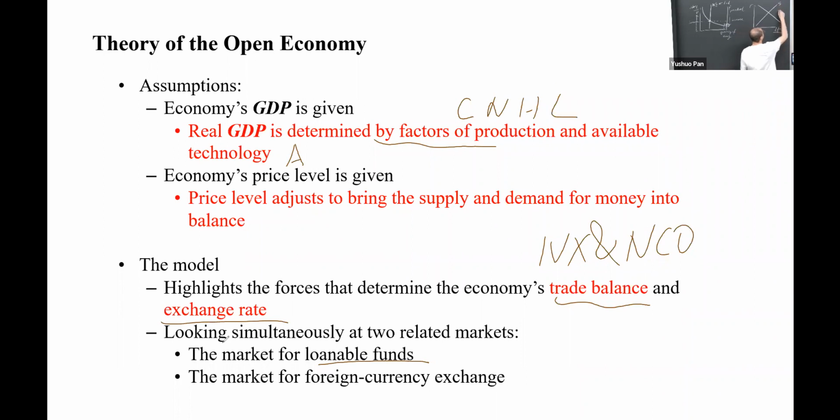The supply is saving, and the demand is investment. The equilibrium, the intersection, tells us the real interest rate and the quantity of loanable funds in this market.